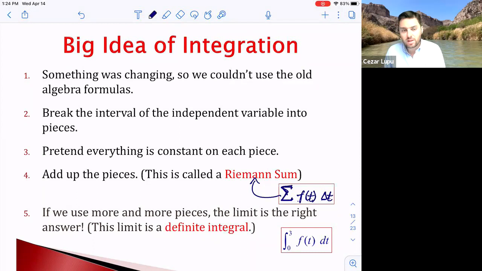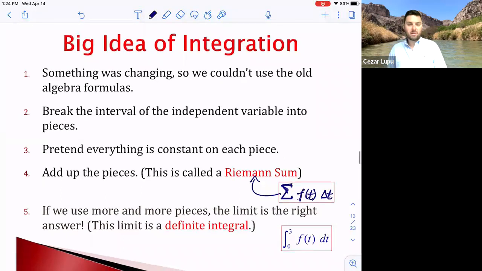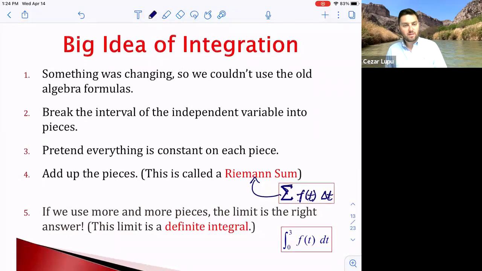Can you believe this was not even known until 150, 160 years ago? It's so natural. But anyway, this is how mathematics is. So these are the big ideas of integration.